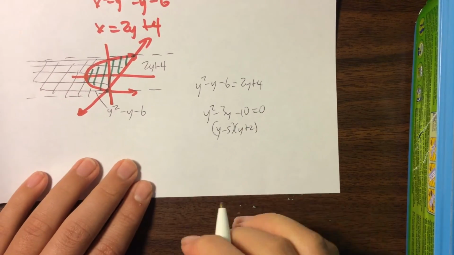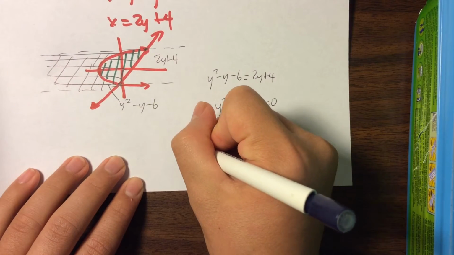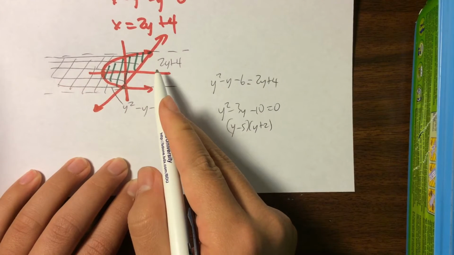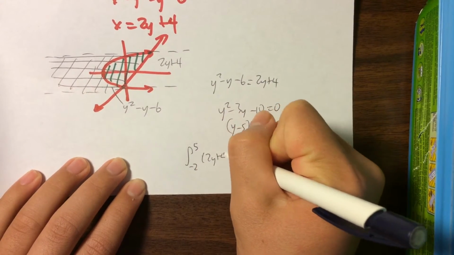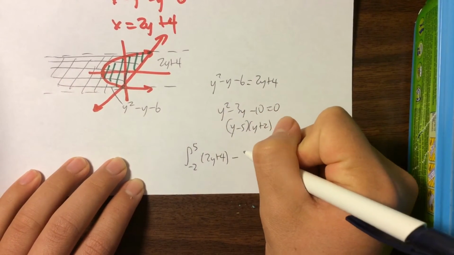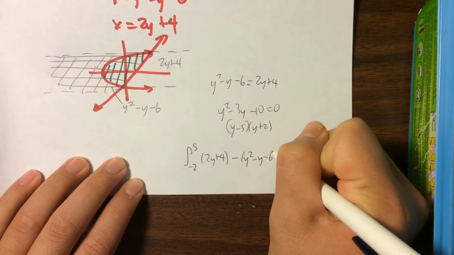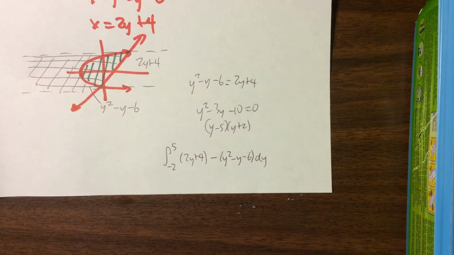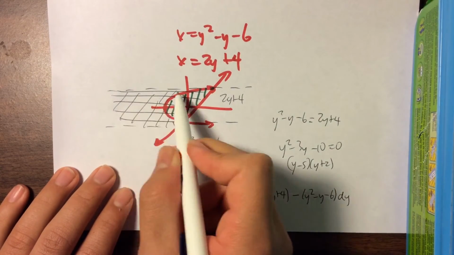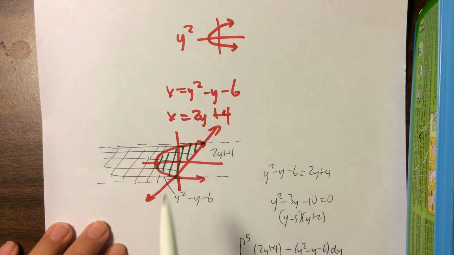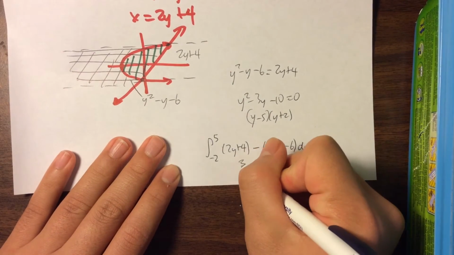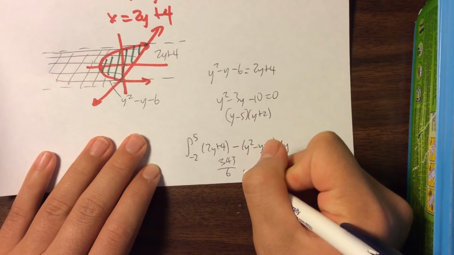So now we can set up our integral: from -2 to 5 of our higher one, which is 2y plus 4, minus the lower one, y squared minus y minus 6, dy. Keep in mind it's dy because we're going this way now, because we have it in y. So again, you can plug it into your calculator, and the final answer is 343 over 6 units squared.